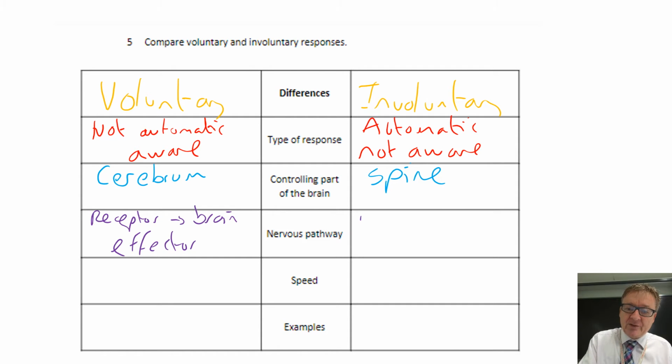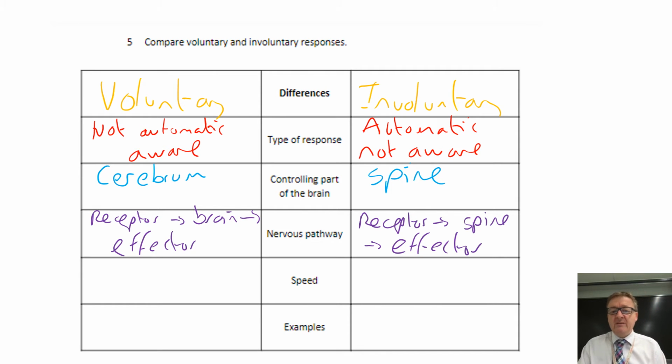In the involuntary, it starts off the same, receptor, then it goes to the spine. Let's put an arrow there as well. And then it goes to your effector. The difference is voluntary is the brain, involuntary is the spine.